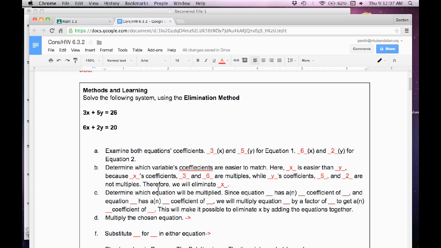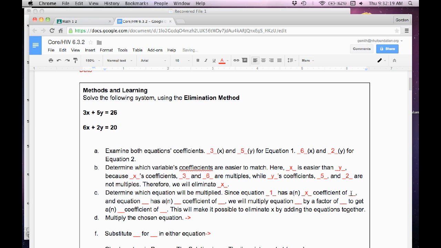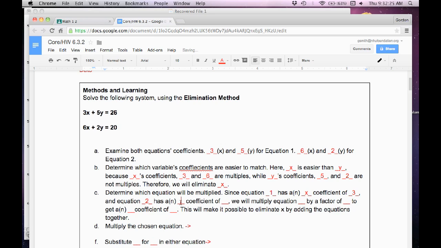All right, determine which equation will be multiplied. We're going to multiply the first one because equation 1 has an x coefficient of 3 and equation 2 has an x coefficient of 6, we will multiply equation 1 by a factor of.